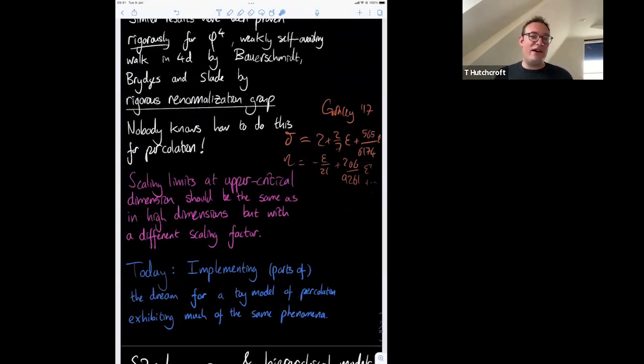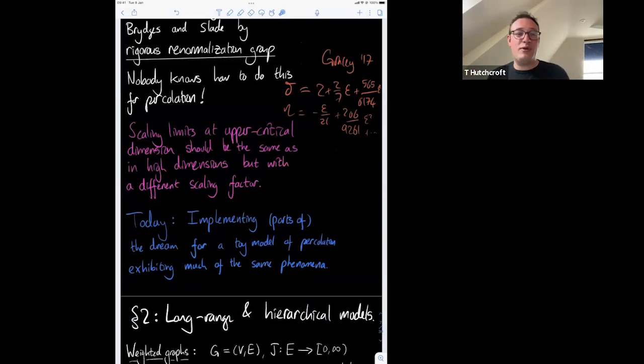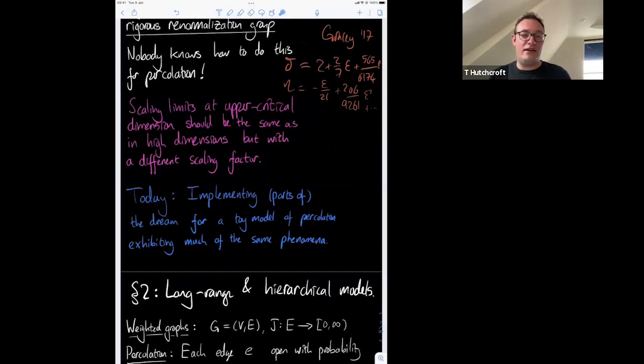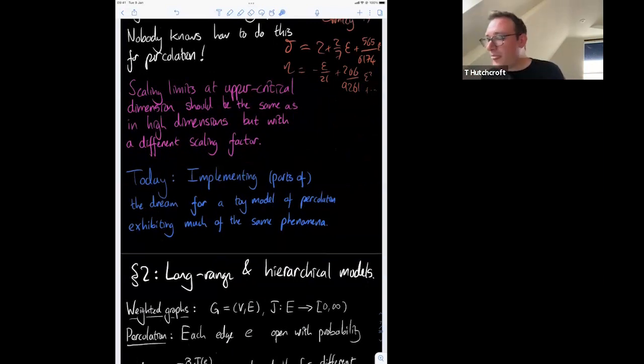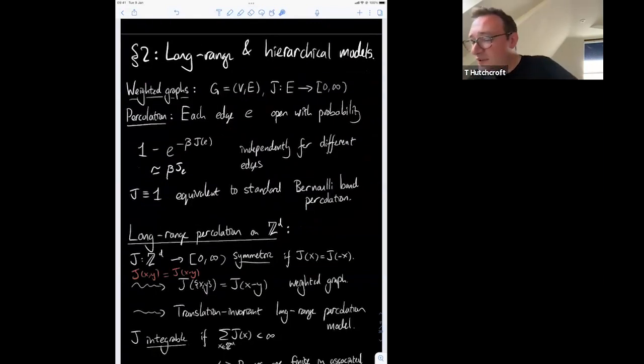Partly because in fractals you tend to have various different dimensions which are not the same, and things like that. As far as I know, there's no good way of doing this. Whereas the long range models that I'll talk about now are really a very nice way of thinking about these non-integer dimensions.